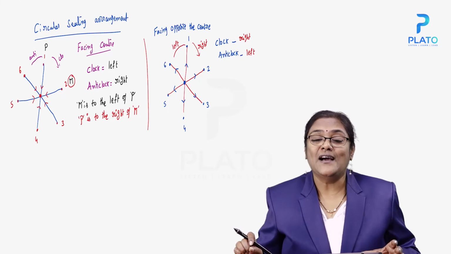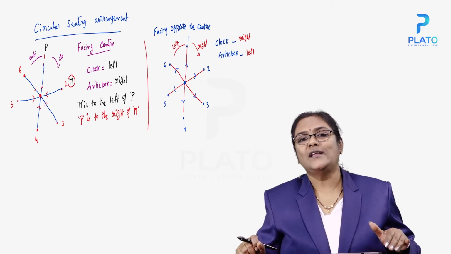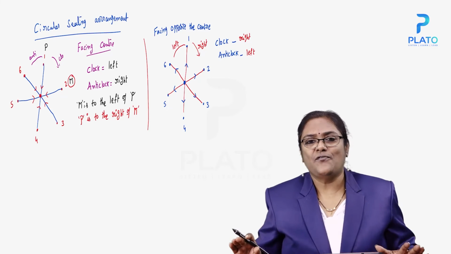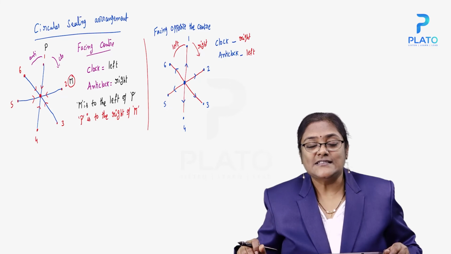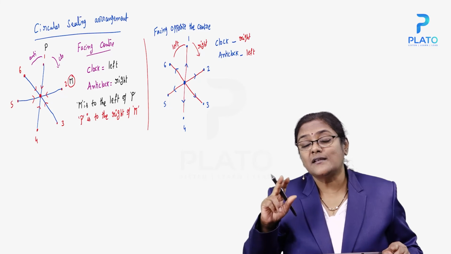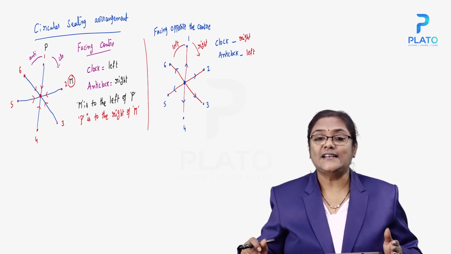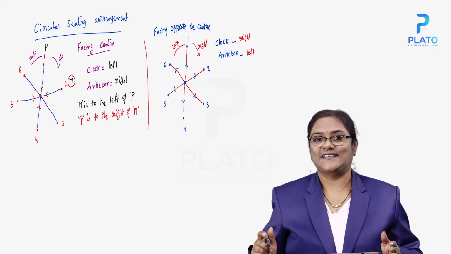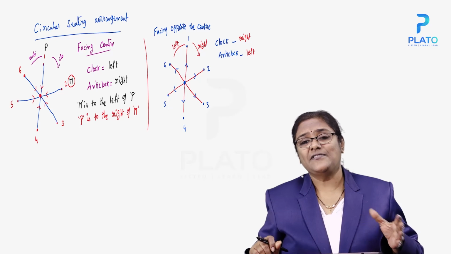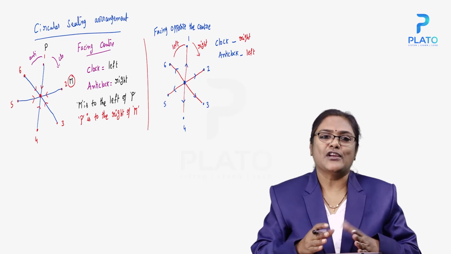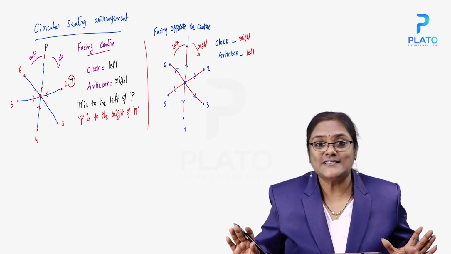Because when all the people are facing only one particular direction, only the center or only opposite the center, you can use either one. But if, for example, there are 6 persons, 3 facing the center and 3 facing opposite the center, you have to be very careful. Otherwise, when all are facing one direction, either way will give you the same answer.